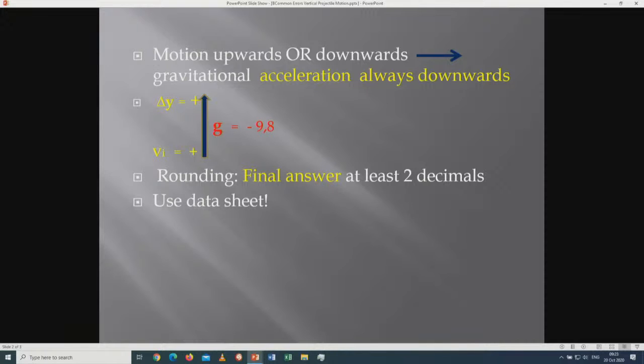So use your data sheet. Write down the correct formula. Even if you think you know it really by heart, just for a final exam, maybe you're a little bit nervous, the data sheet is there. Just look at your data sheet and make sure that you have written down the correct formula.